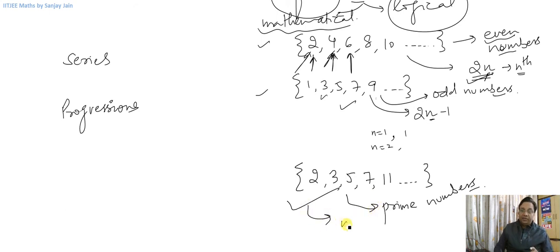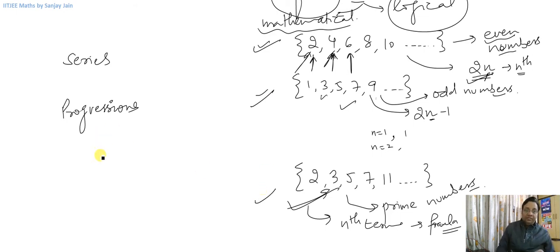I cannot calculate its nth term using a formula. There is no formula to calculate the nth term of these prime numbers, right? How do I calculate the next prime number? I just see the previous number and then I take a number and then check whether it's prime or not, applying a certain set of algorithm, right? But I do not have a definite formula for it. So all these three examples that I've taken here are sequences.